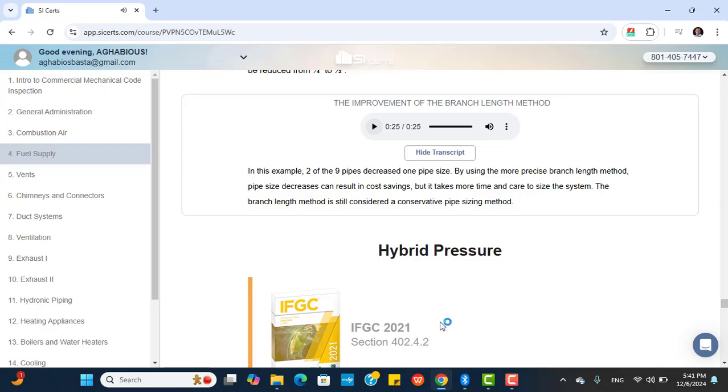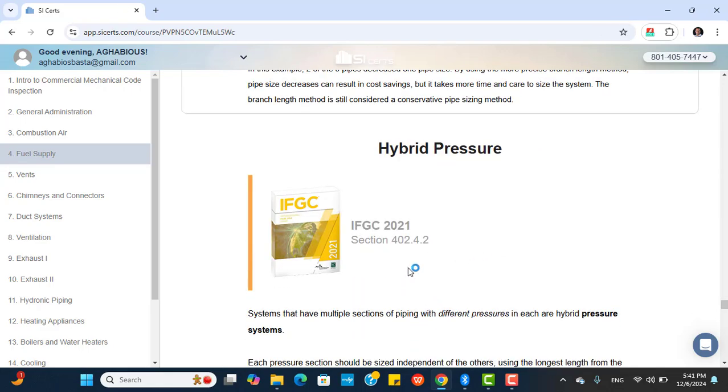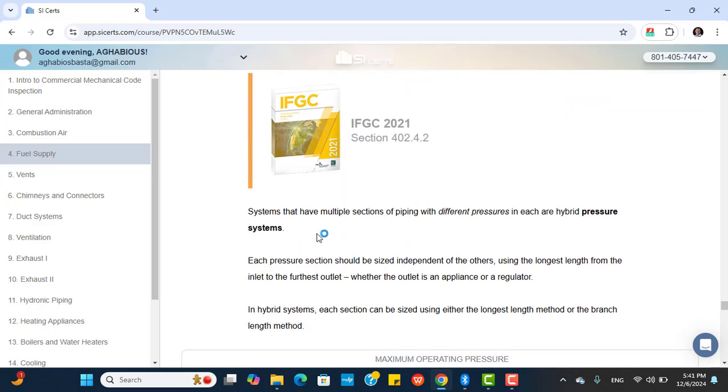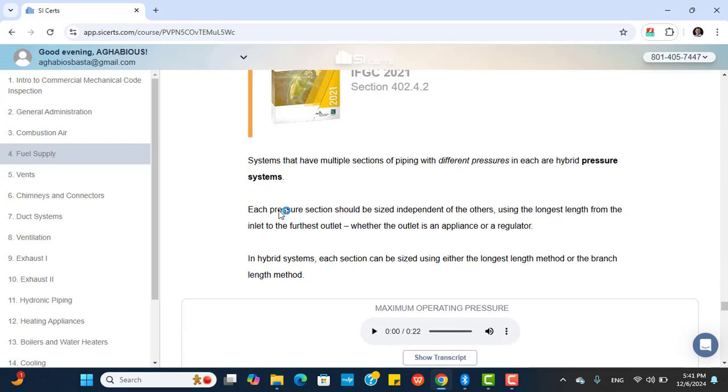Hybrid pressure, International Fuel Gas Code 2021 Section 402.4.2. Systems that have multiple sections of piping with different pressure in each are hybrid pressure systems.